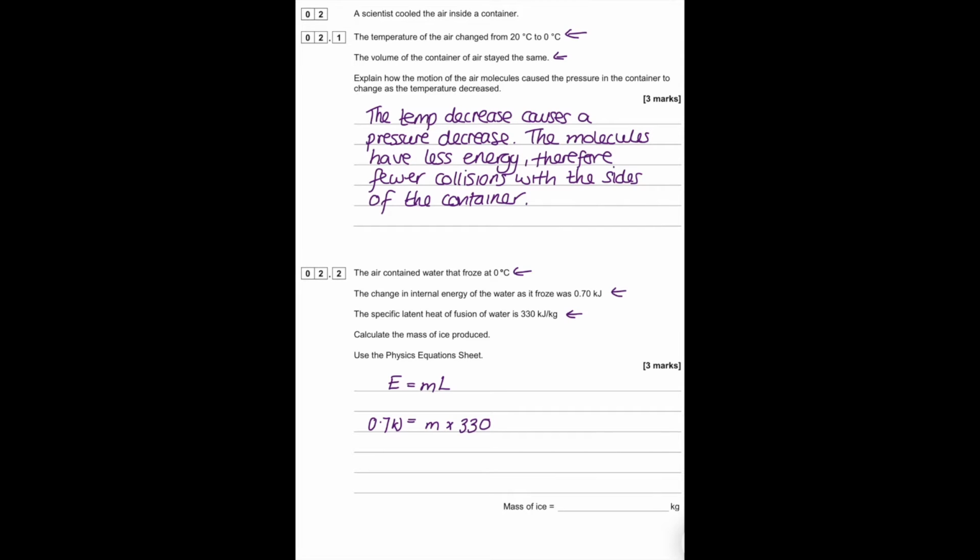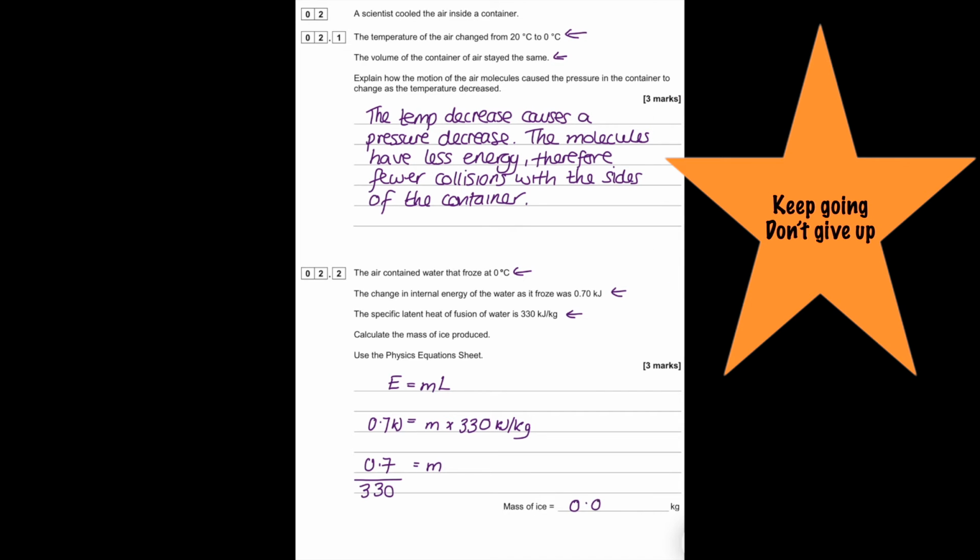So if we rearrange our equation here, we would get our mass being 0.7 divided by 330, which would give us a mass of 0.0021 kilograms.